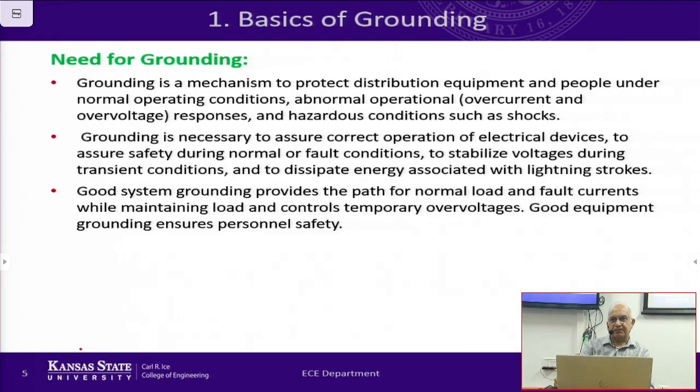If you don't have proper grounding and lightning hits the system, it is going to damage the equipment, because the lightning has to be able to go to the ground. Now, good system grounding provides the path for normal load and fault currents while maintaining load and controls temporary overvoltages. Good equipment grounding ensures personal safety.